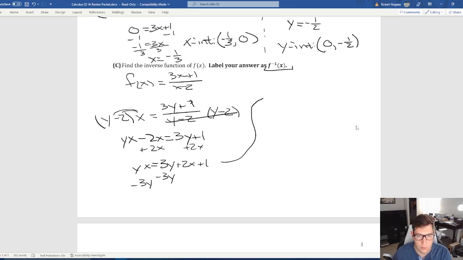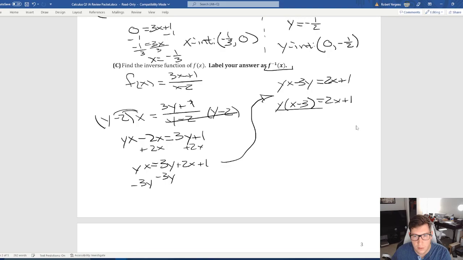And so I'm going to have yx minus 3y is equal to 2x plus 1. Now that I have my y's on my left-hand side, I'm going to factor this out using y as my greatest common factor. And so I'm going to have y times (x minus 3) is equal to 2x plus 1.